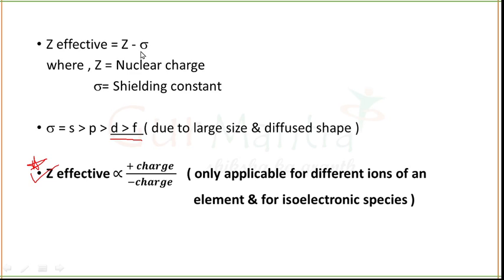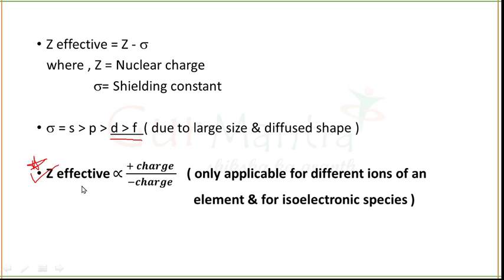The screening effect of the s subshell is very much higher than that of the subsequent subshells, and the screening constant for d and f block elements is very low because of their larger size and diffused shape.